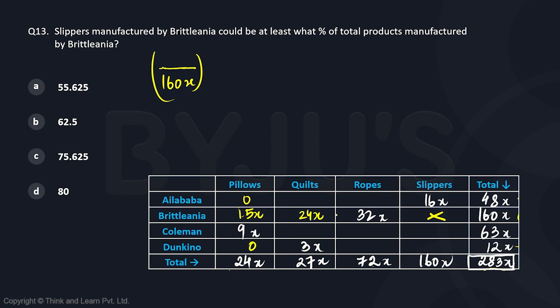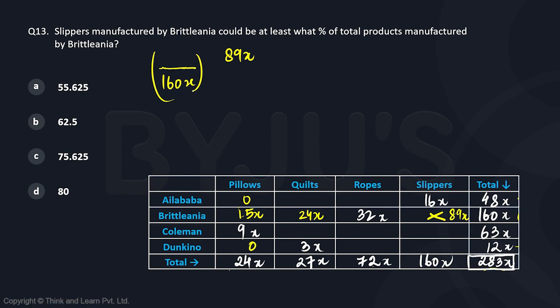Now, 15 plus 24 plus 32, this is going to be 71x. That means this is going to be 89x, right? So 89x could be the value over there if we look at total value of Britannia.